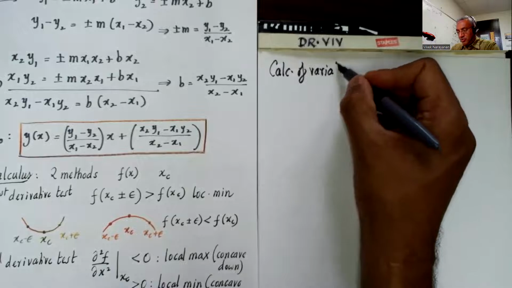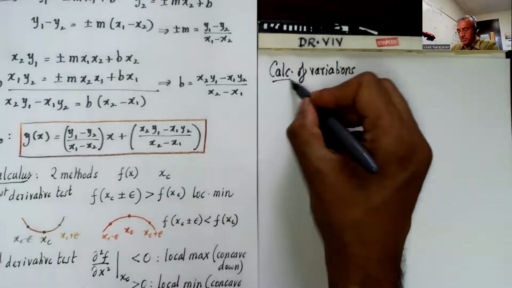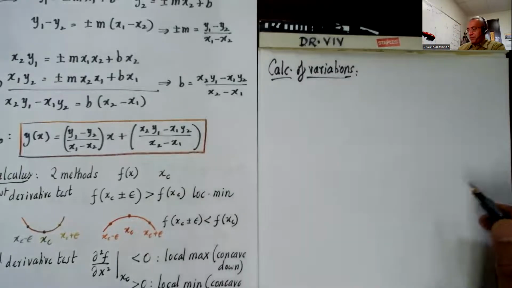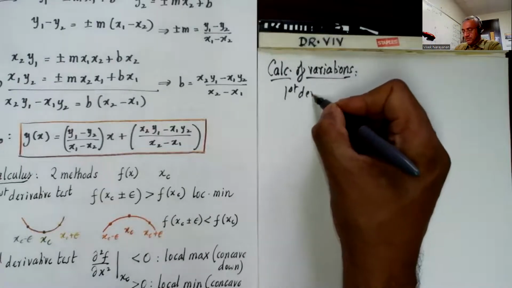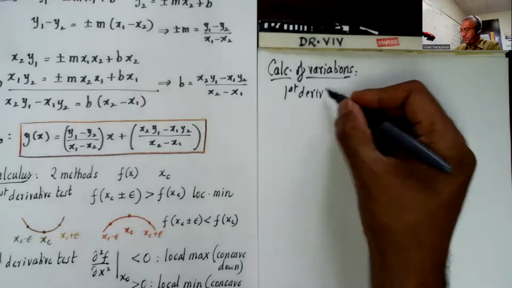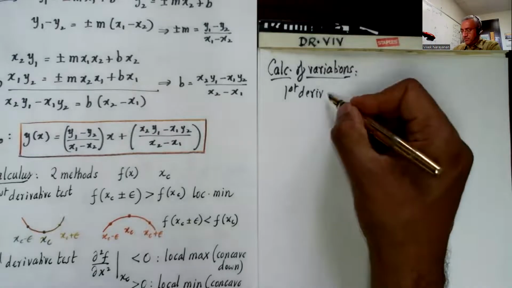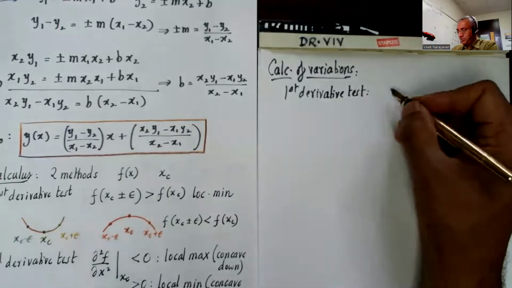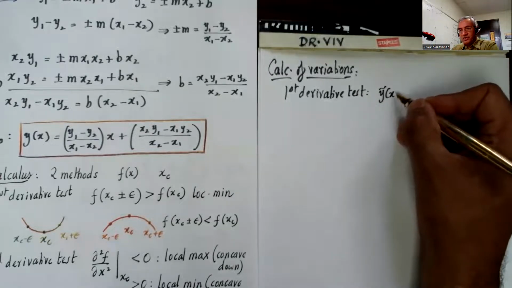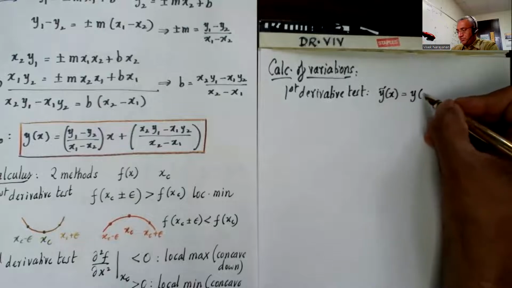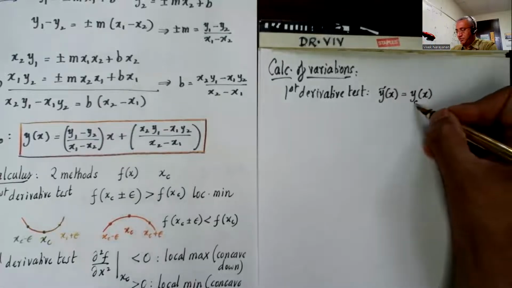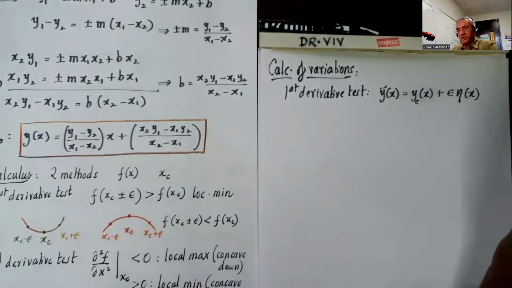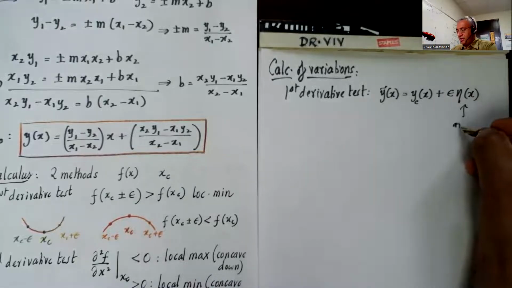In the calculus of variations, I just want to point out a little bit more at this stage rather than simply solving the problem, because this will set the stage for the future. The first derivative test: what you do is you take a nearby curve, y tilde, which is equal to y of x, the curve that you actually found, the critical value, plus epsilon eta of x, where eta is any arbitrary curve, completely arbitrary, not fixed at all.